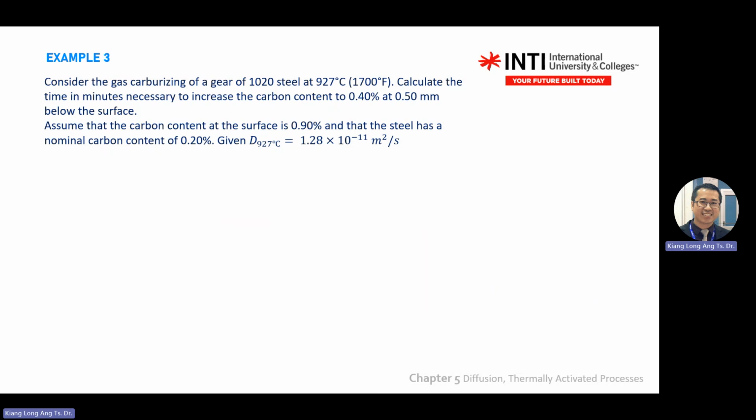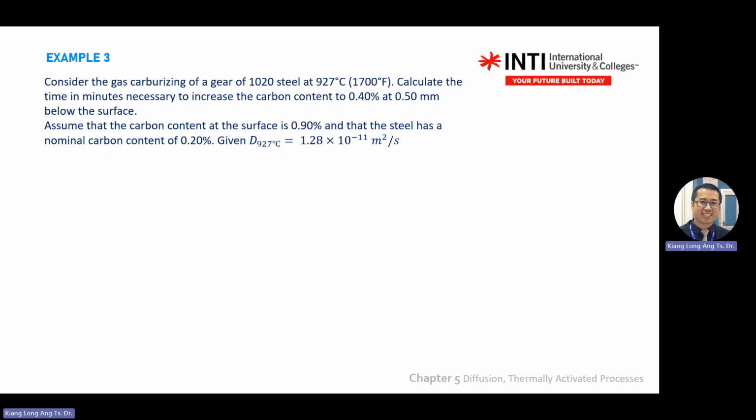So you have a concentration of surface, concentration of X. This is your X from the surface. And you have the default, or before anything, the object concentration Co. If you see the question give you nominal carbon content or default content, it means it's a non-steady state question. You don't see this information in a steady state question.